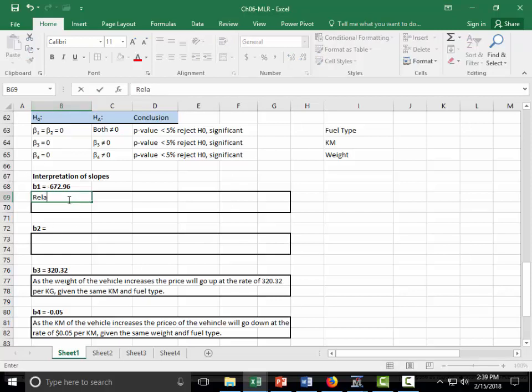So what we have to say is relative to a petrol vehicle. Of course, remember this is a European data set with price in euros, so that's the reason why they have fuel type as petrol here.